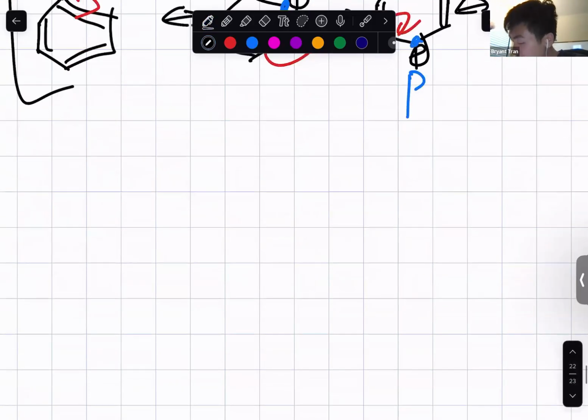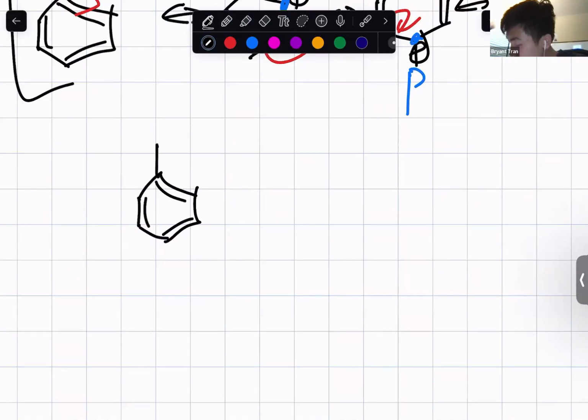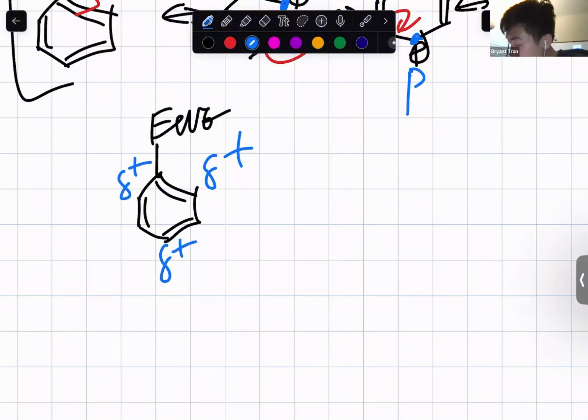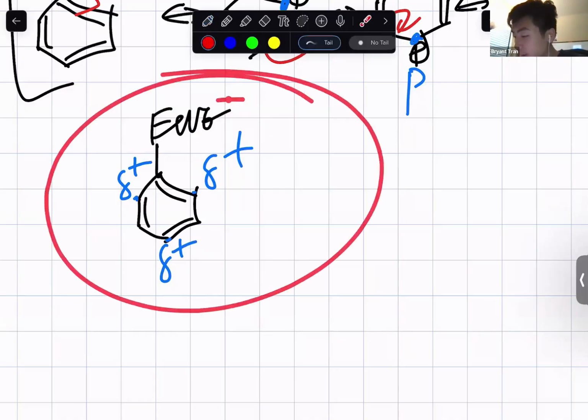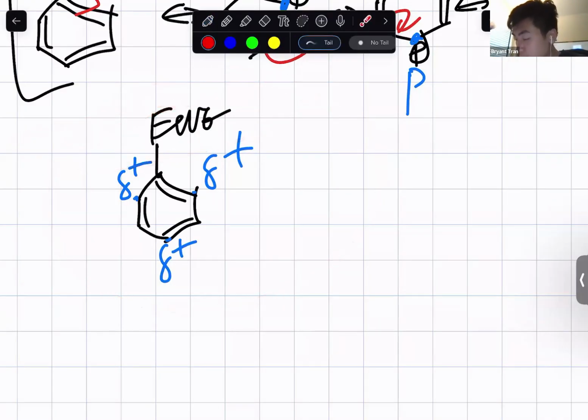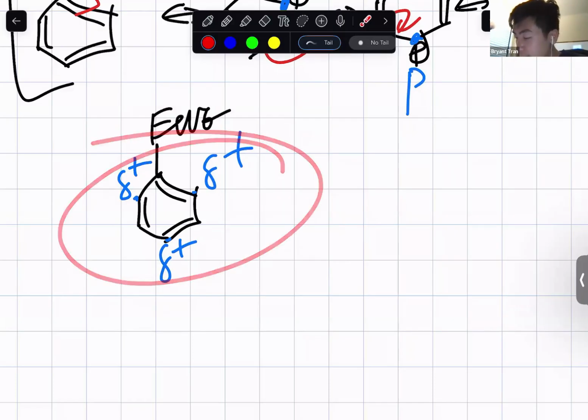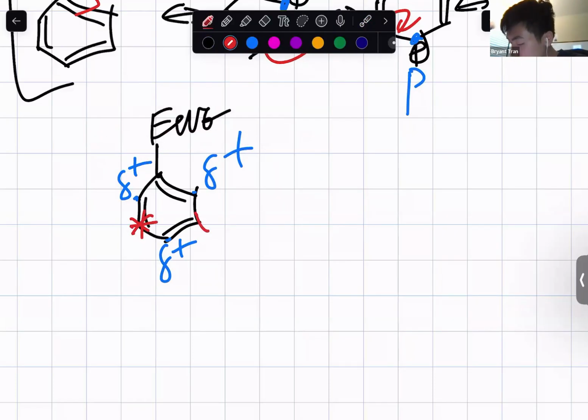So whenever you have an EWG attached to a benzene, there will be partial positive charges ortho and para to the EWG. Now, we said earlier that benzenes are the nucleophiles of the mechanism. The best nucleophilic atoms here will be the meta positions.